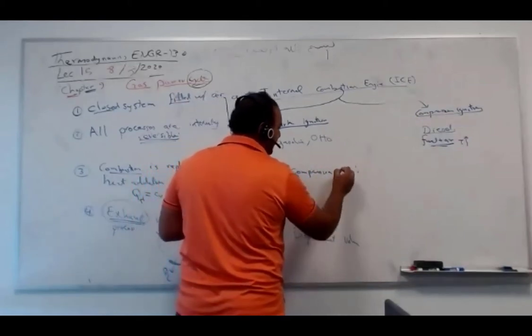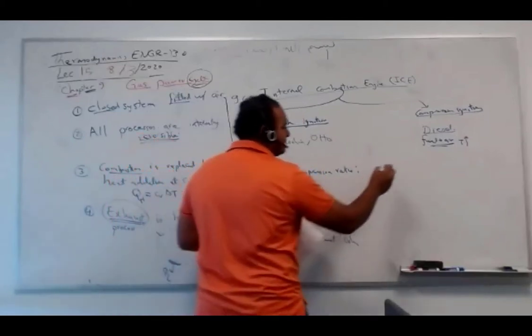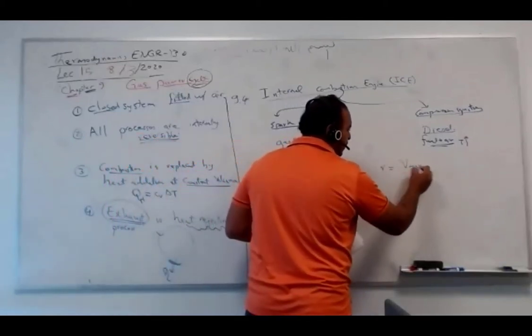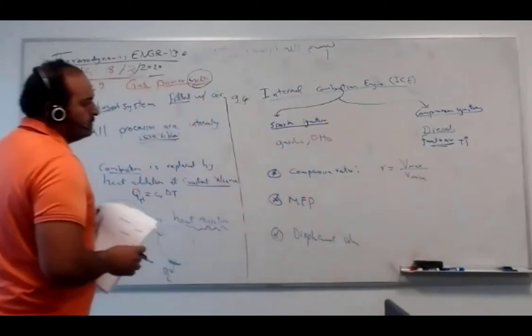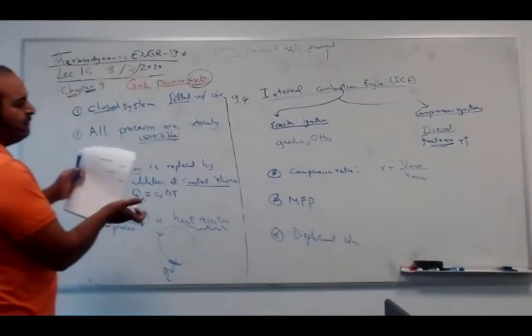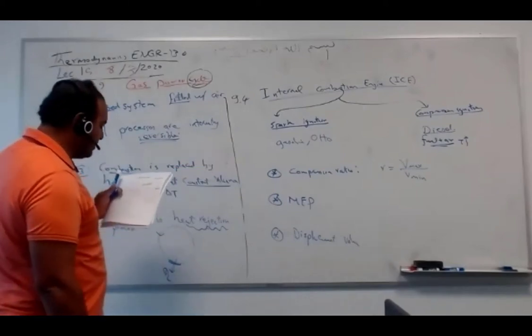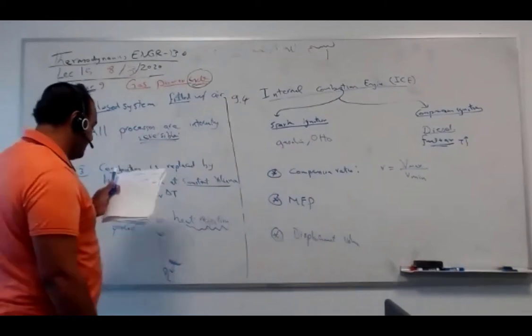For any engine, the compression ratio r is the maximum volume over the minimum volume. Like when we have a stroke, the maximum volume divided by the minimum volume is called r, the compression ratio. Usually you use a small r symbol.